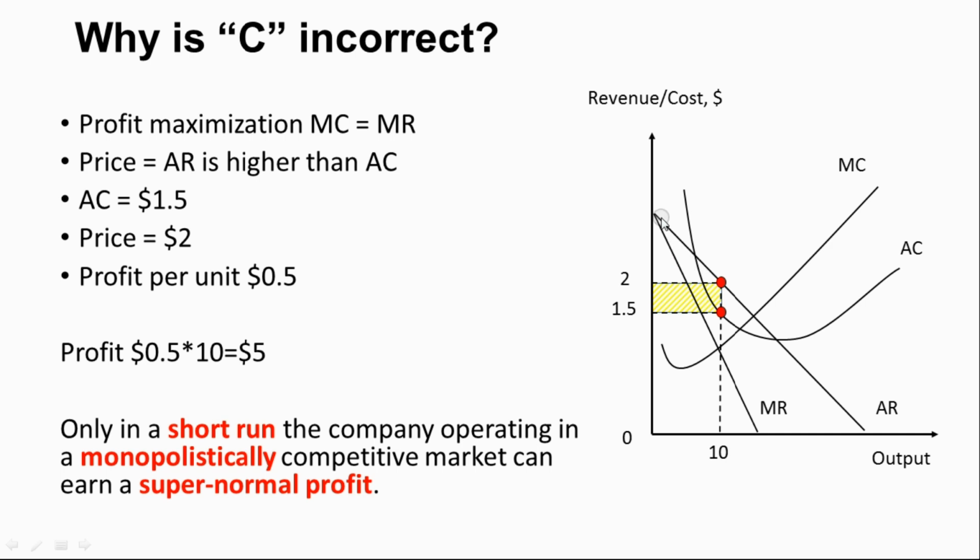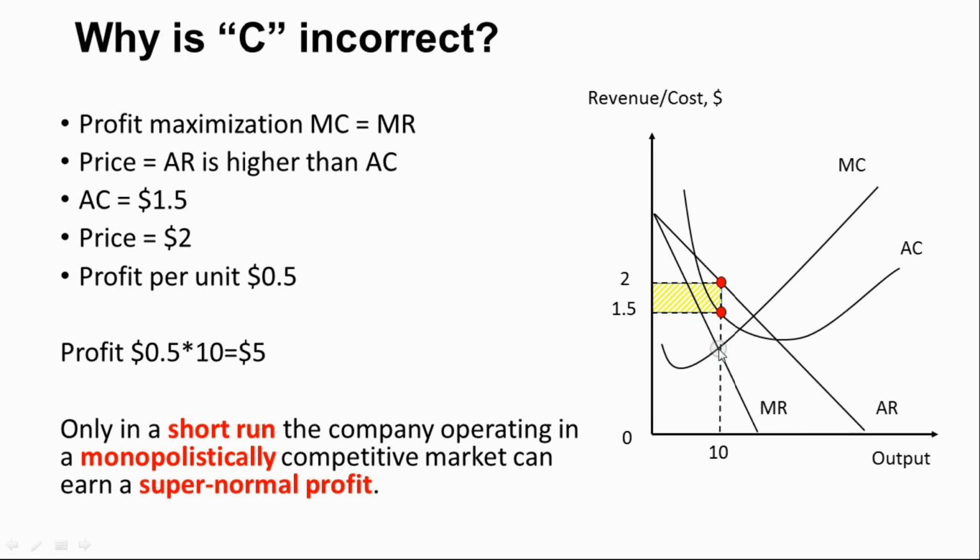It is slightly steep, and the price which will be charged, $2, is higher than the average total cost, because the company will decide to produce where marginal cost equals marginal revenue at this point.